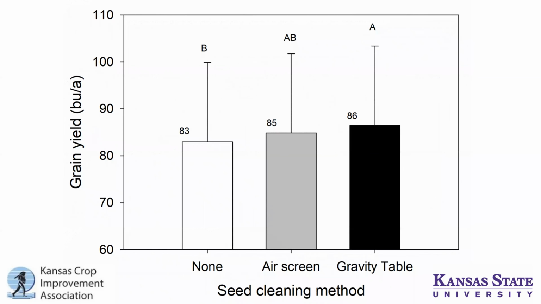When we're looking at cleaning the seed, we're gaining about 2 bushels per acre for every step that we take in making sure that seed is of good quality, from none to air screen, and from air screen to gravity table, increasing about a couple bushels per acre each step. Now, keep in mind that this is not a comparison of bin run seed versus certified seed, okay?